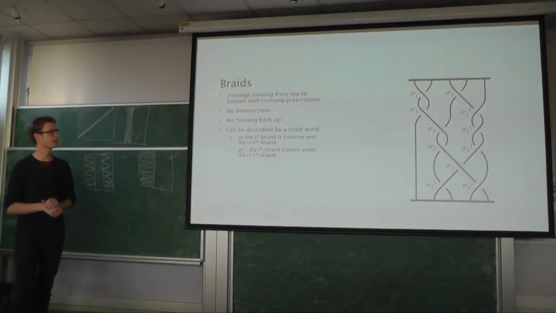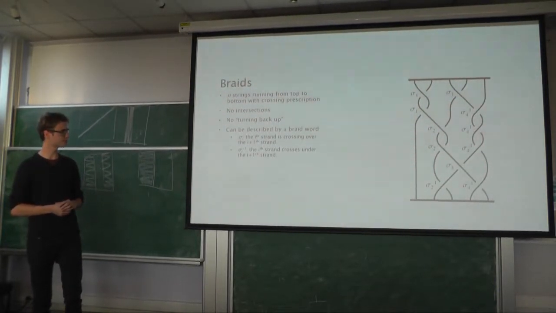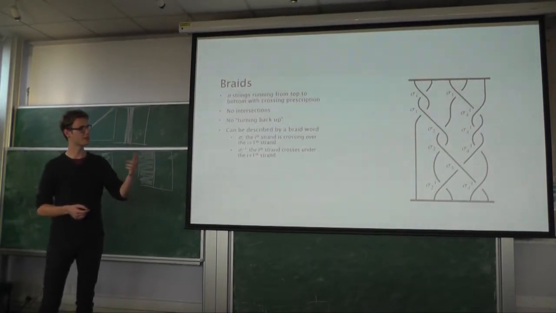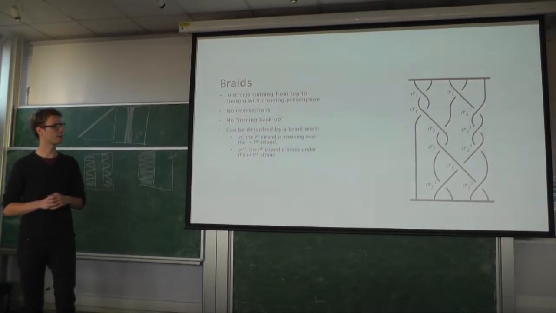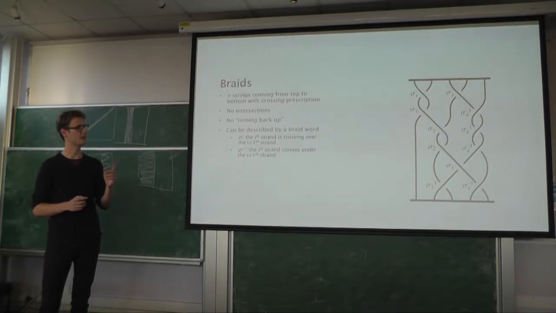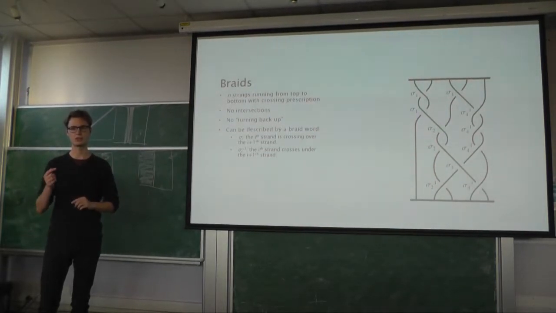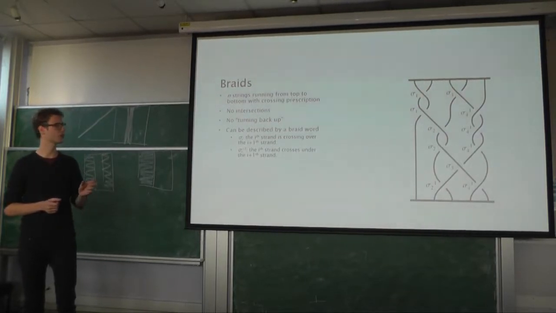So let's start with a definition or an explanation of what a braid is, mathematically speaking. We have a certain number of strands running from top to bottom, usually. They are not allowed to intersect at any point, but there is a prescription of how they cross over each other. This is described by symbols giving a so-called braid word.